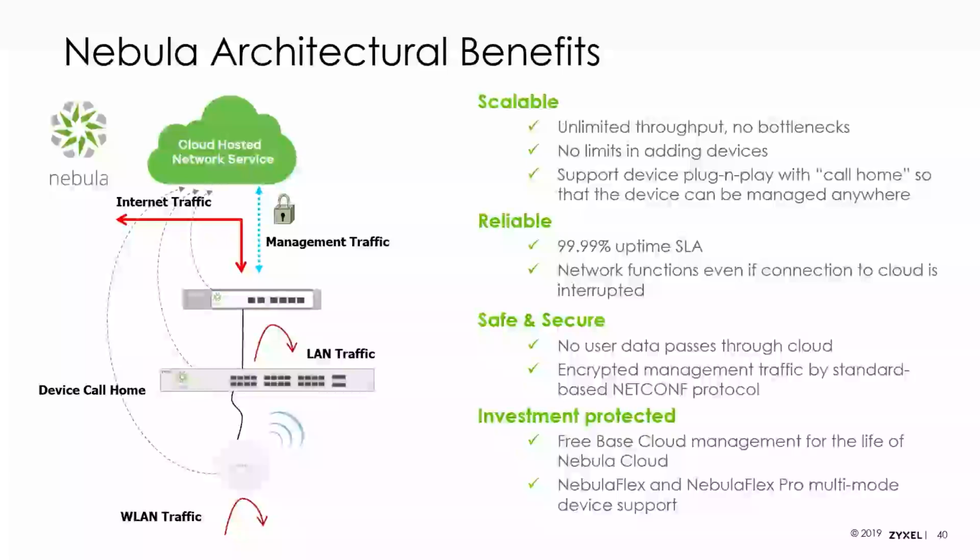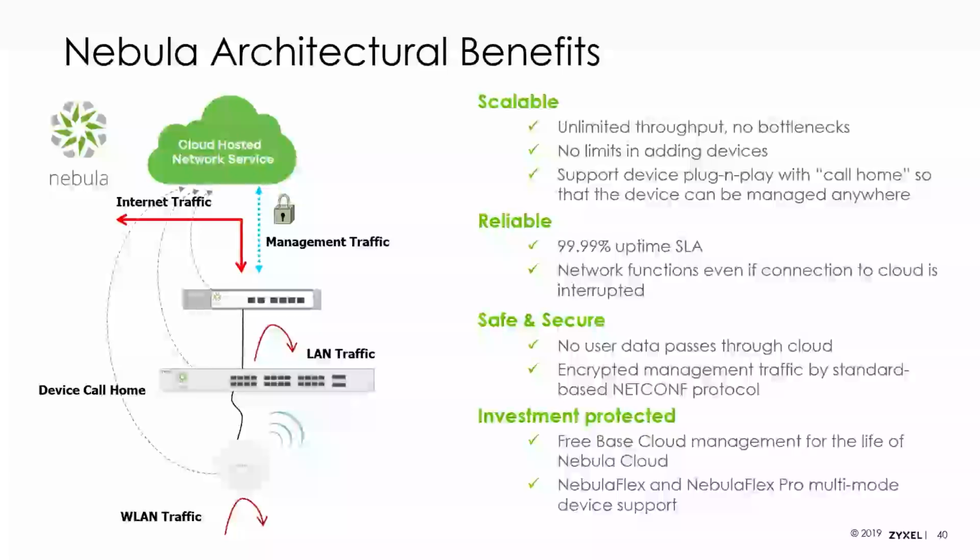Just to highlight here, wireless LAN traffic stays on your wireless LAN. LAN traffic stays on your customer's LAN. WAN traffic goes directly out to the internet. None of your customer's traffic is going out to our clouds. There was another cloud provider a few years ago. I doubt it still works this way, but at least at one point, all data that you used for them was being sent to their cloud.